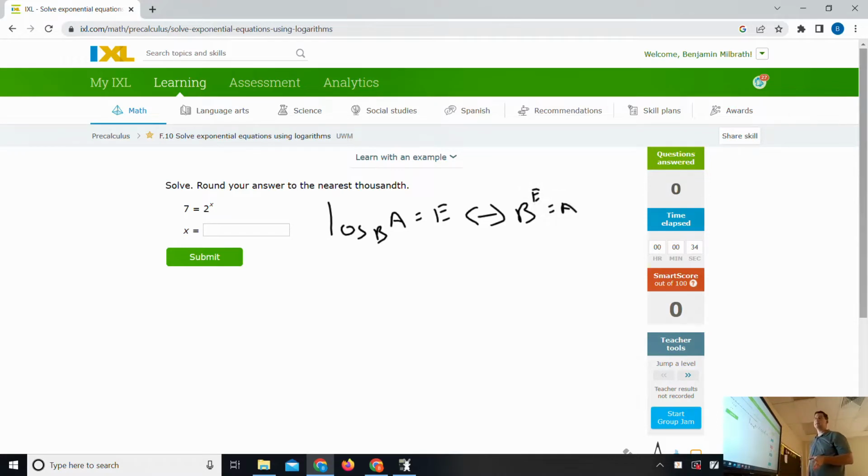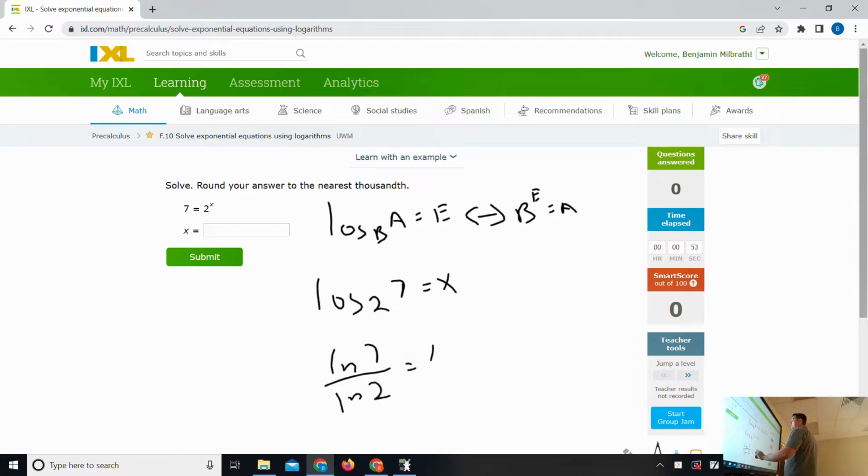So when I see something like this, what I initially teach kids is to view this as a logarithm base 2, whose argument is 7, being x. You can evaluate that on a calculator just as it's written. Or you can use change of base like I've taught in previous lessons. ln 7 over ln 2 is x.